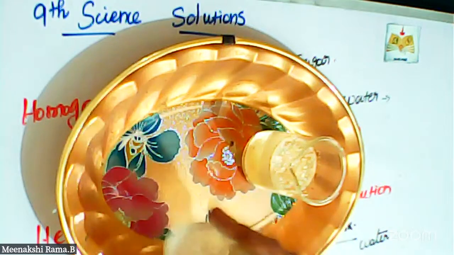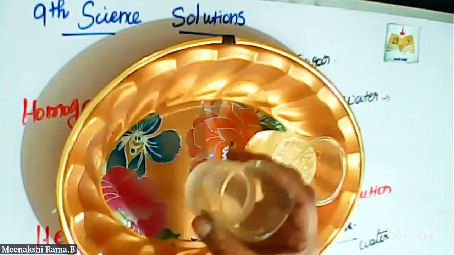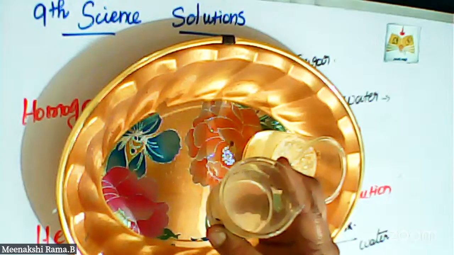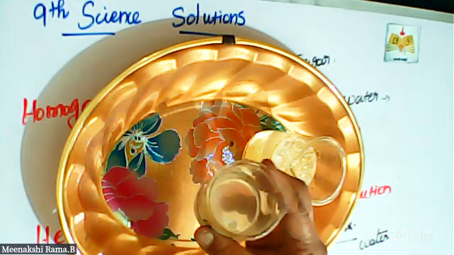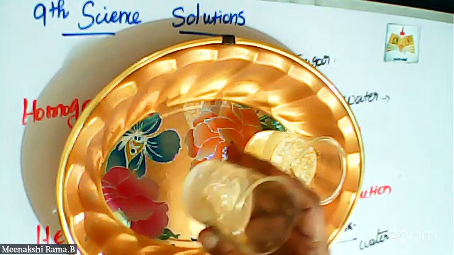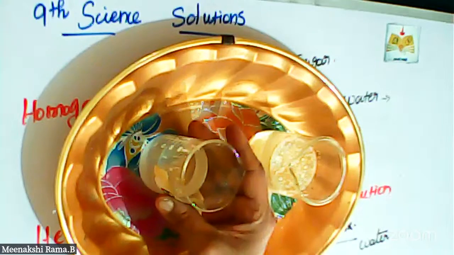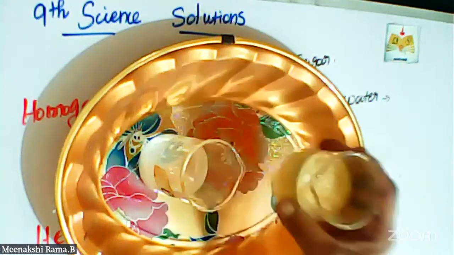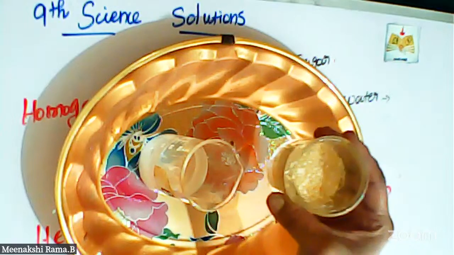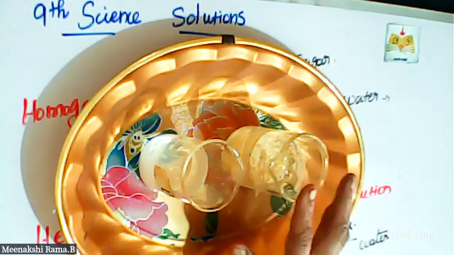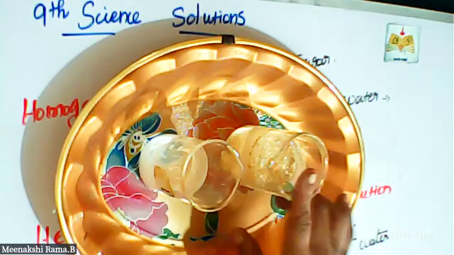Look at this beaker. One or two salt particles only not dissolved, remaining part is completely dissolved. So this beaker contains the homogeneous solution. This beaker contains a heterogeneous solution, that is, that particle is not dissolved in that water.